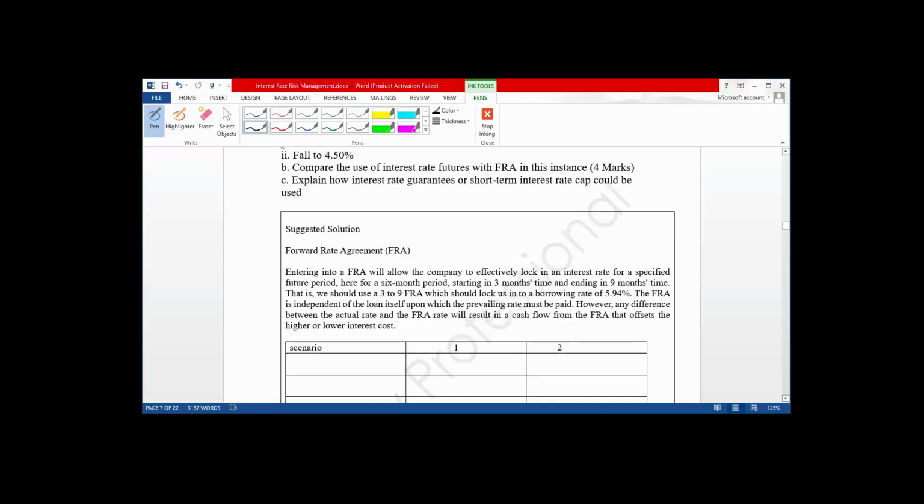The borrower will pay the prevailing interest rate on the loan. However, any difference between the actual interest rate and the FRA rate will result in a cash flow from the FRA to offset the higher or the lower interest rate.